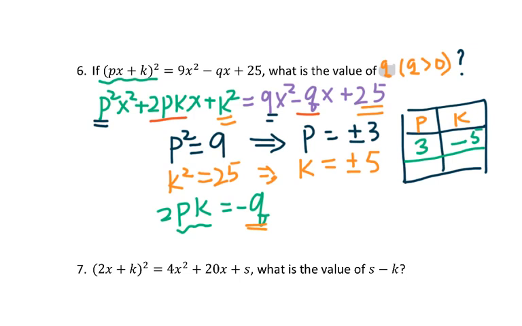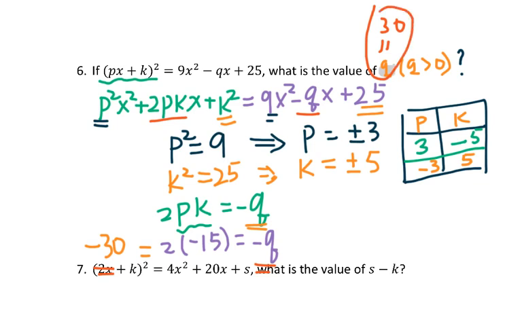If p is negative 3, then k will be positive 5. No matter which situation, they multiply to negative 15. So I plug in here 2 times negative 15, which equals negative q. So you will get negative 30. Because negative q equals negative 30, therefore q equals 30. That's the answer.